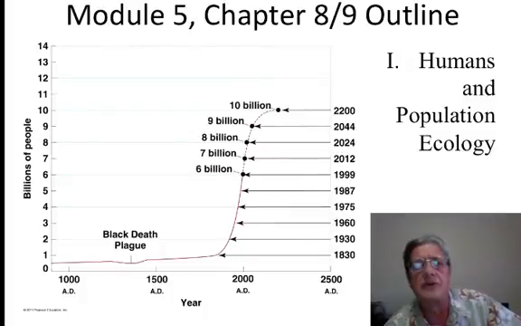The other answer, though, turns out to be rather surprising, and that is that in all the human populations in developed countries, as a country becomes more developed, i.e. more affluent, it tends to naturally level off in its population.